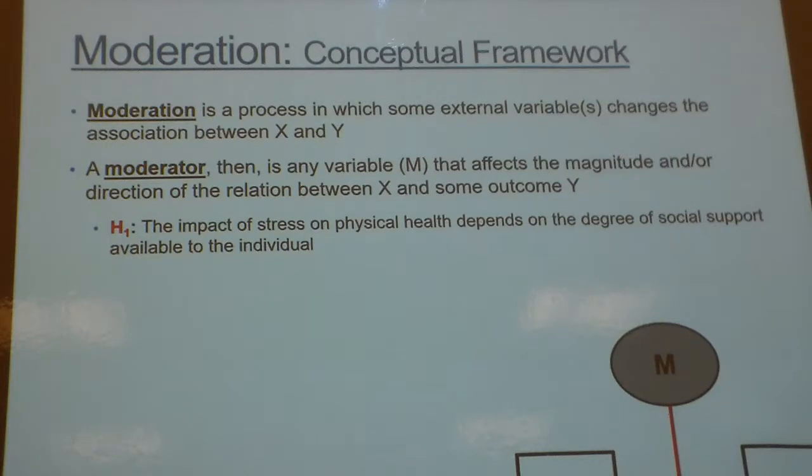We know X and Y are related. If I were to tell someone in my field that X and Y are related, they would say, yep, I know, so does everybody, right? What we're trying to do with moderation is say, under what conditions does this hold? What are third factors that are going to start to impact the nature of the relation between X and Y?